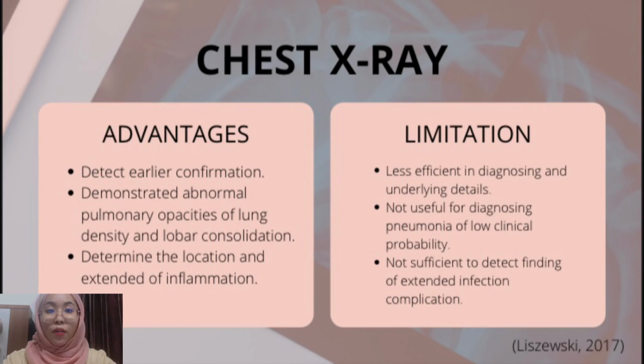The advantage of chest X-ray is that it can detect early confirmation, and we can also know the presentation of the pneumonia. It also can demonstrate abnormal pulmonary opacity, lung density, and lobar consolidations. It can also determine the location of extended inflammation. But chest X-ray also has its limitations, which are that it is less efficient in diagnosing underlying details.